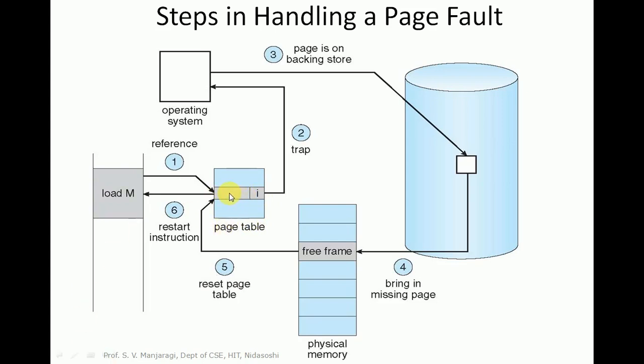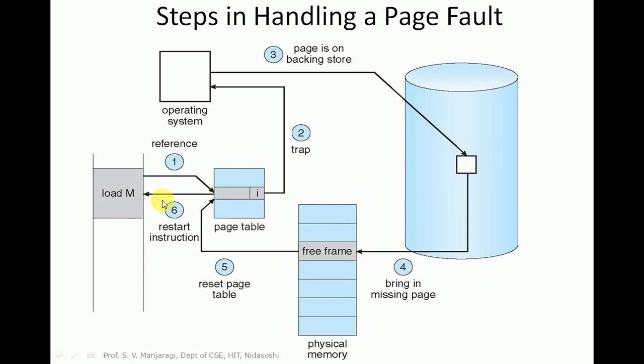If the entry for the page that you want to load is valid, marked as V, then it indicates that it is already there in the memory. If it is marked as I, it means it is invalid, it is not there in the memory, but it will be there in the disk, that is the backing storage.